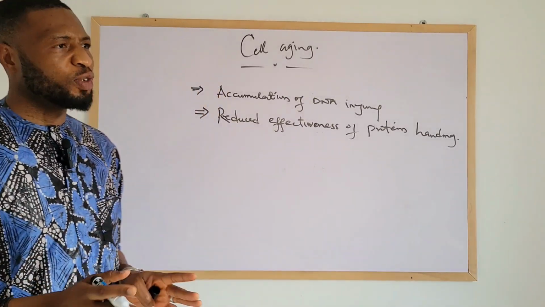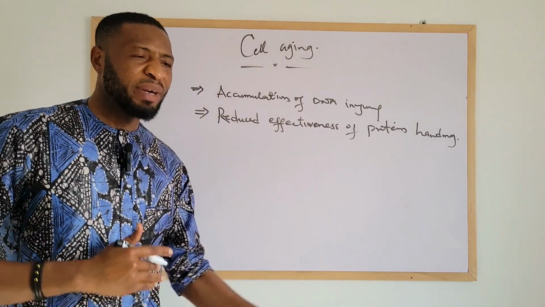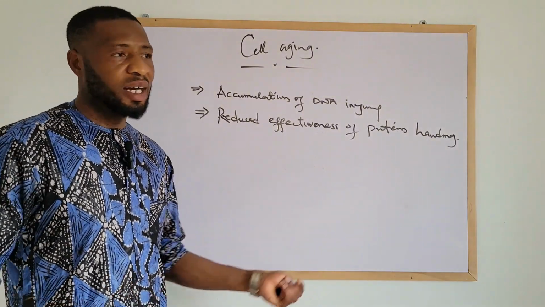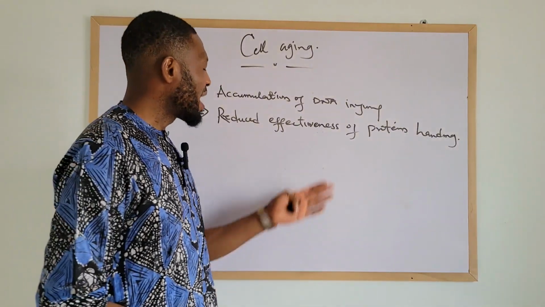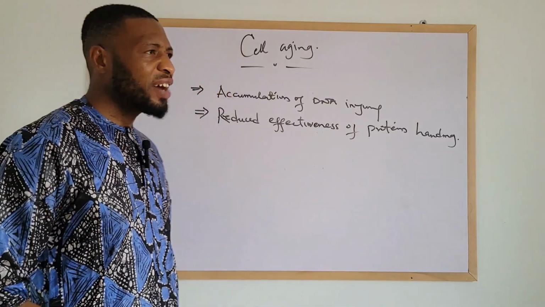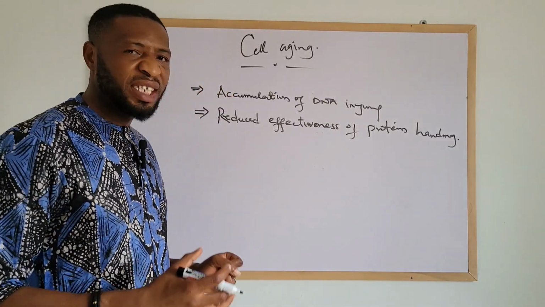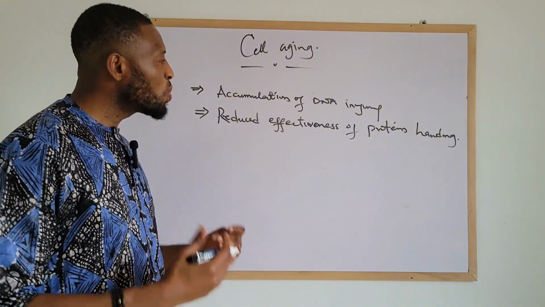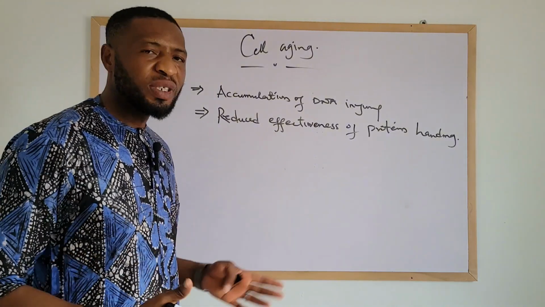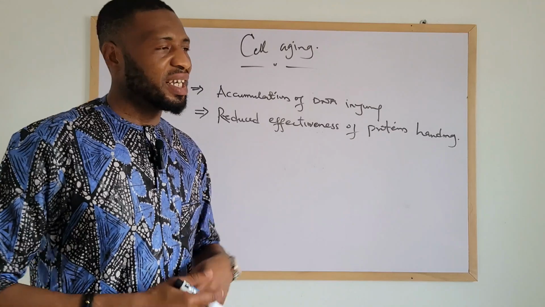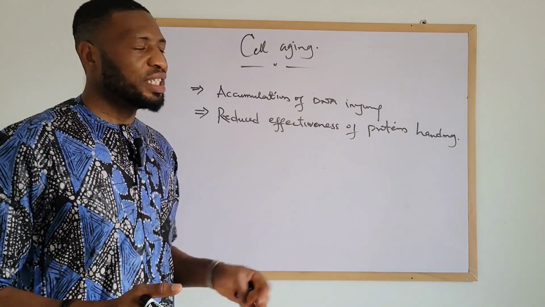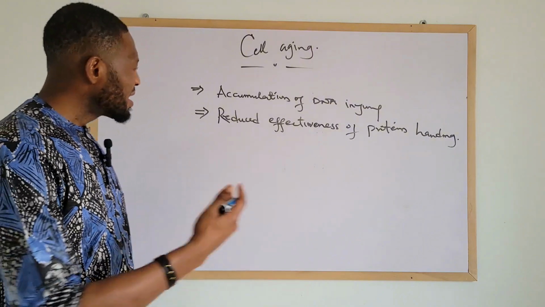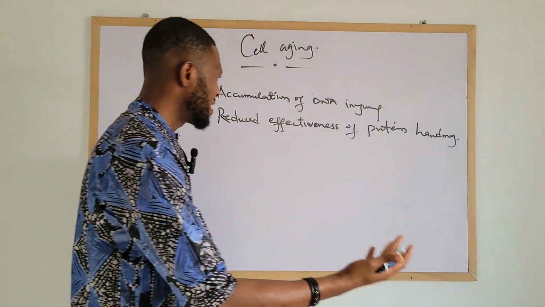And if they are misfolded, they are supposed to be degraded by the ubiquitin proteasome pathway. Sometimes even the lysosomal pathway, the autophagic pathway, can also degrade proteins. However, as cells age, this machinery wears out, so there will be a lot of misfolded proteins that accumulate within the cell, and of course that can lead to cell death. So that is the reason why there is cell aging.